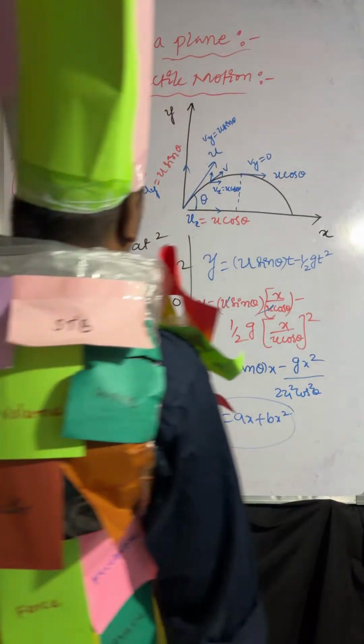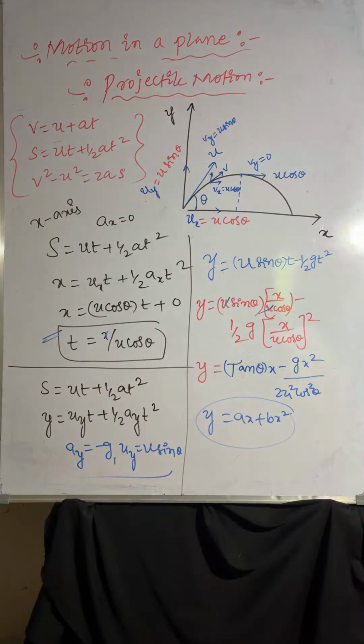So the path of the projectile, or trajectory of a projectile, is a parabola. Okay, so like that we can take it. Understood or not? I hope it is very clear. That is about projectile motion.